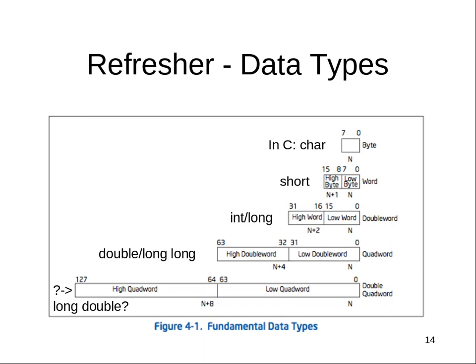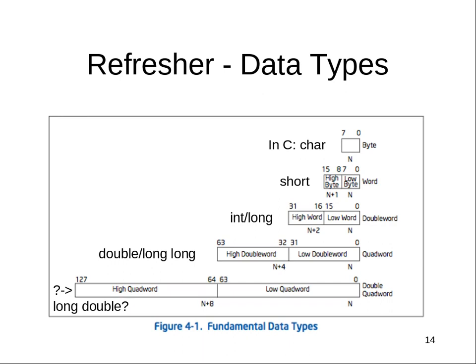This is why x86 is confusing, because it really should just be called a double short, and then you have the low short and high short. But they decide to make things more confusing. And then a double or a long long or just a 64-bit long will be a low double word and a high double word, also known as a quad word.